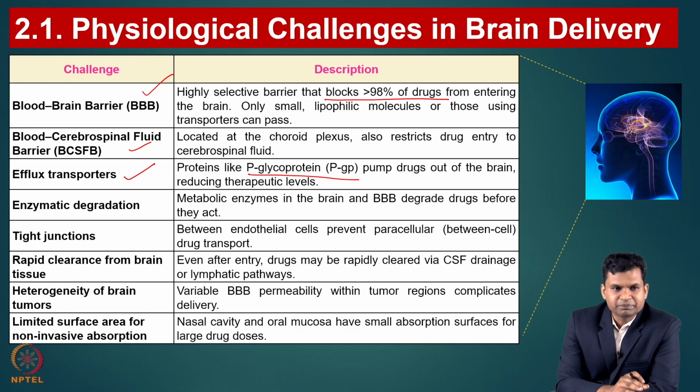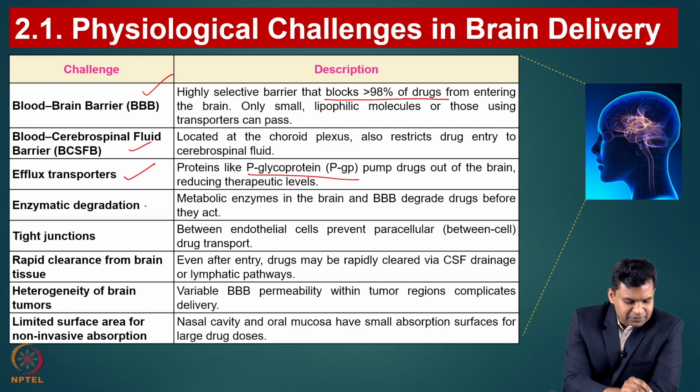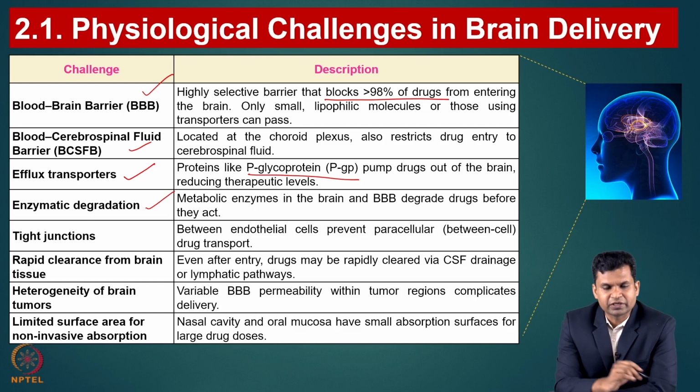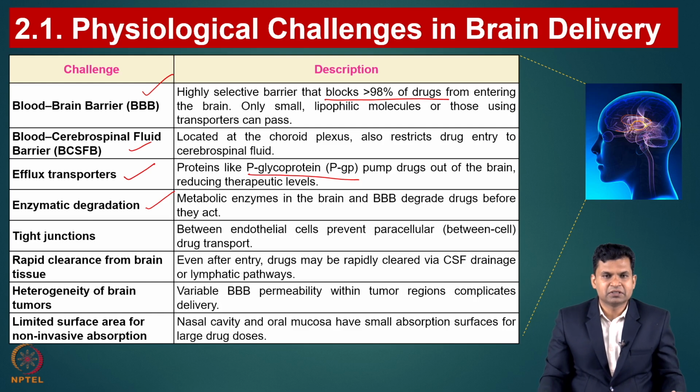To overcome the efflux transporters, we have multiple strategies, with which we can avoid the efflux transporter mechanism. Enzymatic degradation is one of the major issues in brain targeting. So, we can use various carrier systems, and with that we can protect against metabolic degradation in the brain.